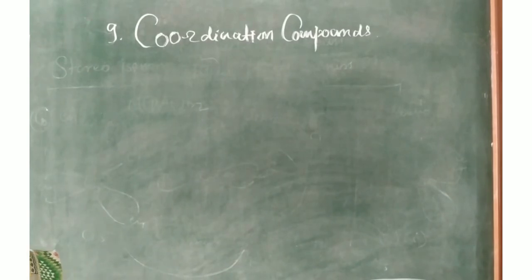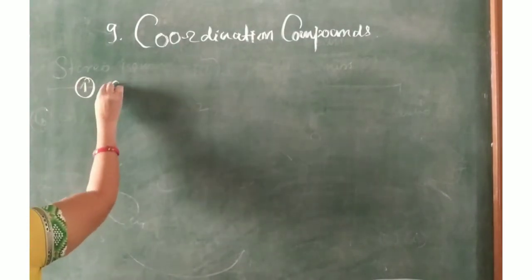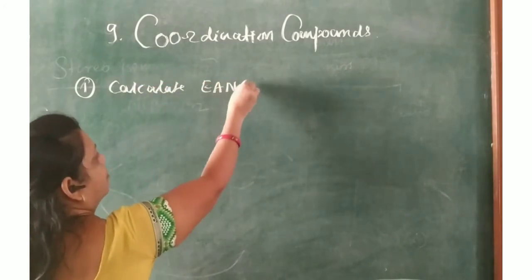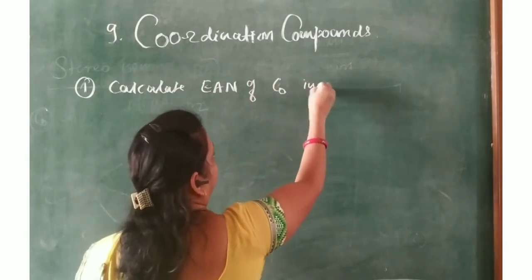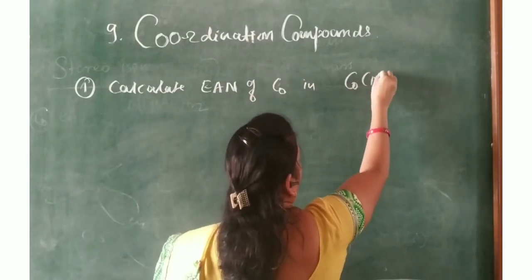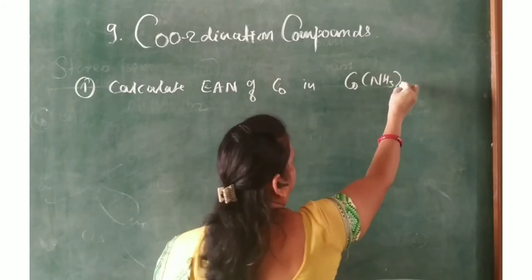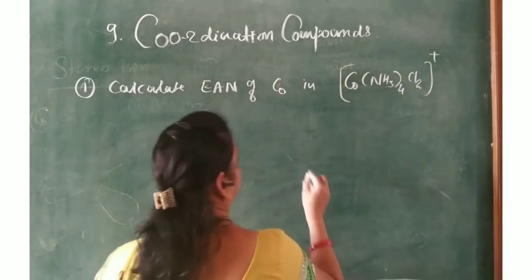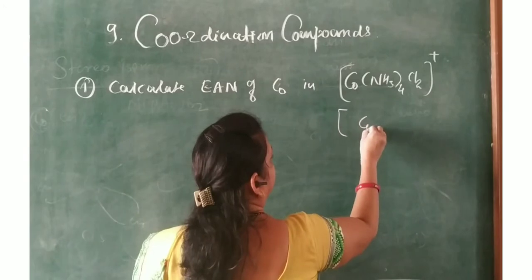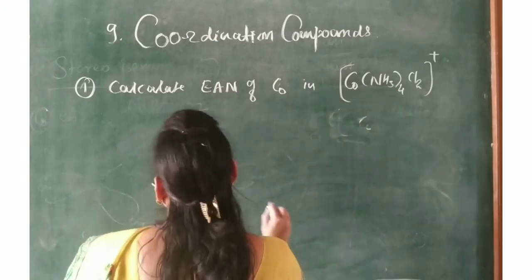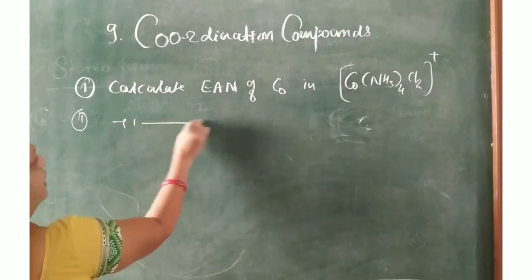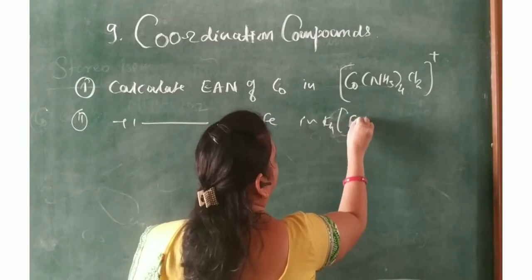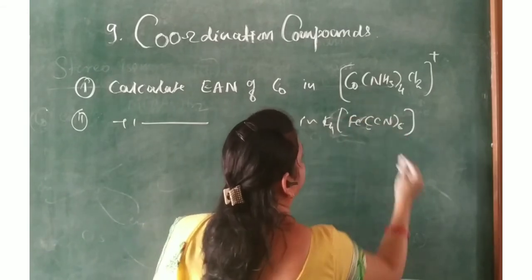First question. Calculate effective atomic number of cobalt in [Co(NH3)4Cl2]+. Second, calculate effective atomic number of Fe in K4[Fe(CN)6].